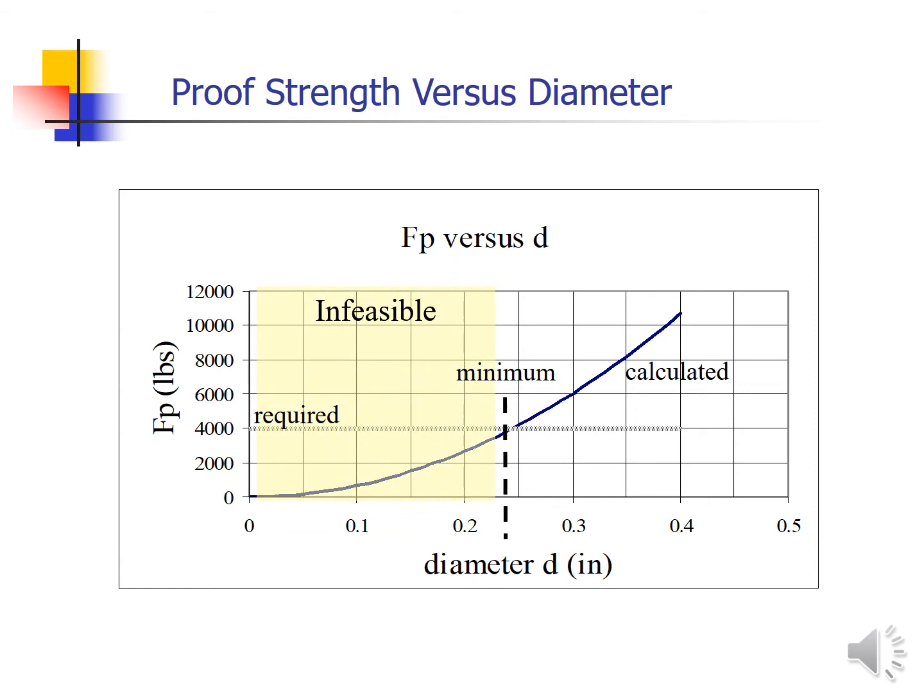The green and blue color is flexible, and the inflexible is in yellow color. Meaning when you design, you need a diameter of more than 0.247 to get to 4,000 pound.